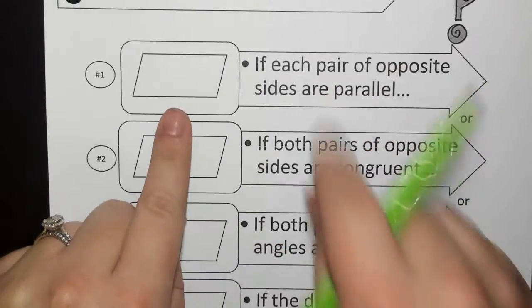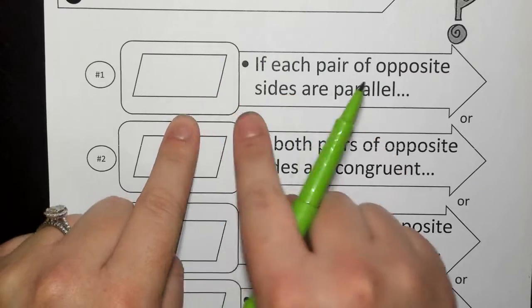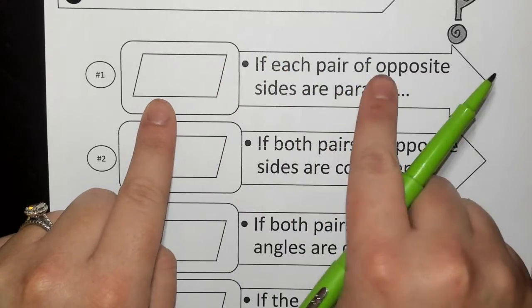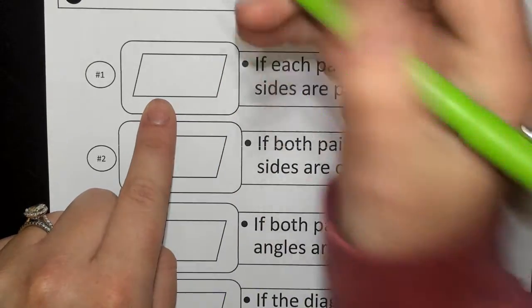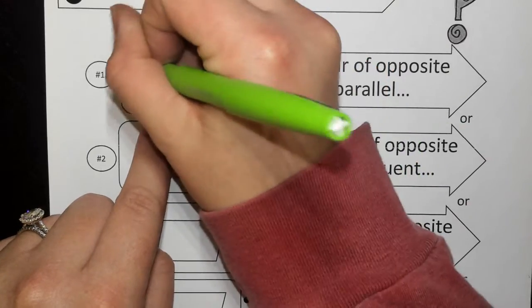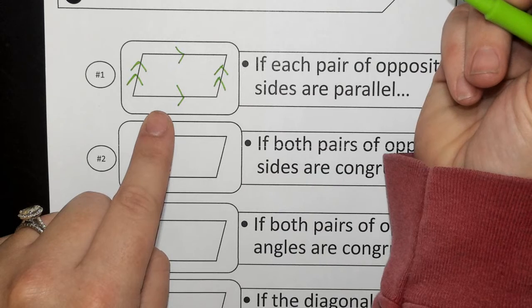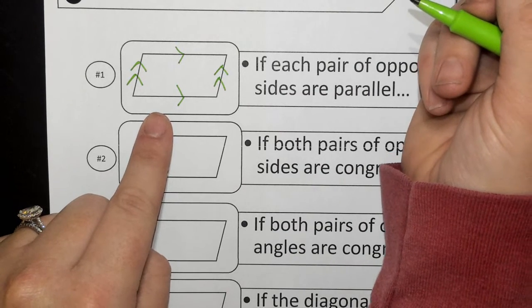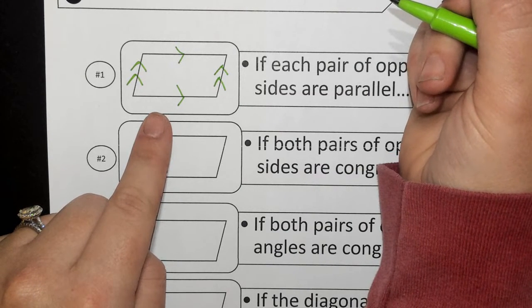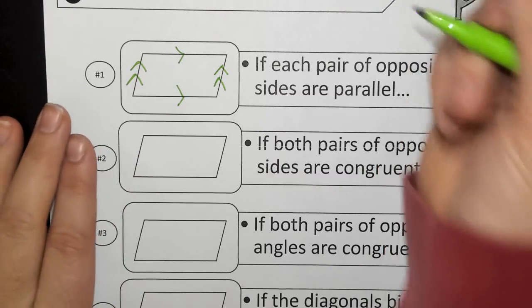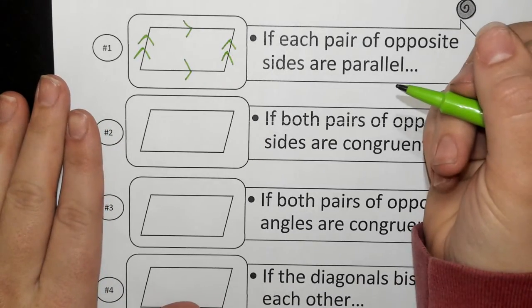So test number 1. It passes, and it is a parallelogram, if each pair of opposite sides are parallel. So if you see something like this, then it passes the test. Okay, that's test 1.